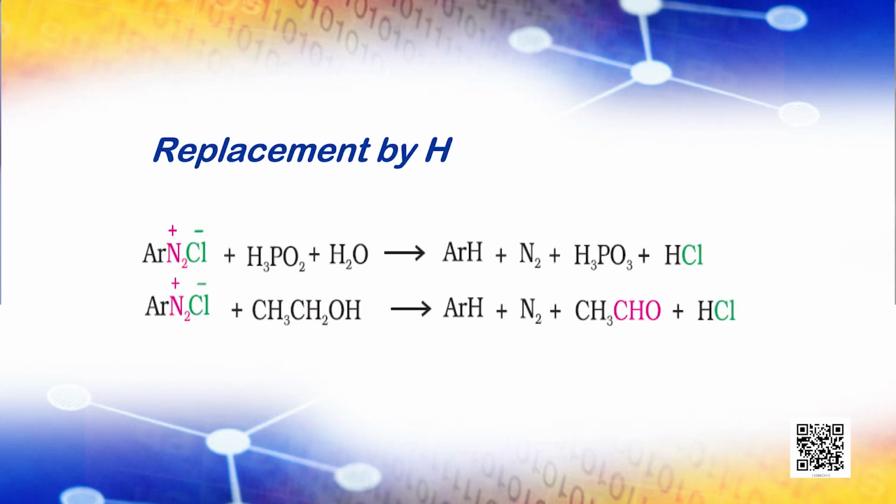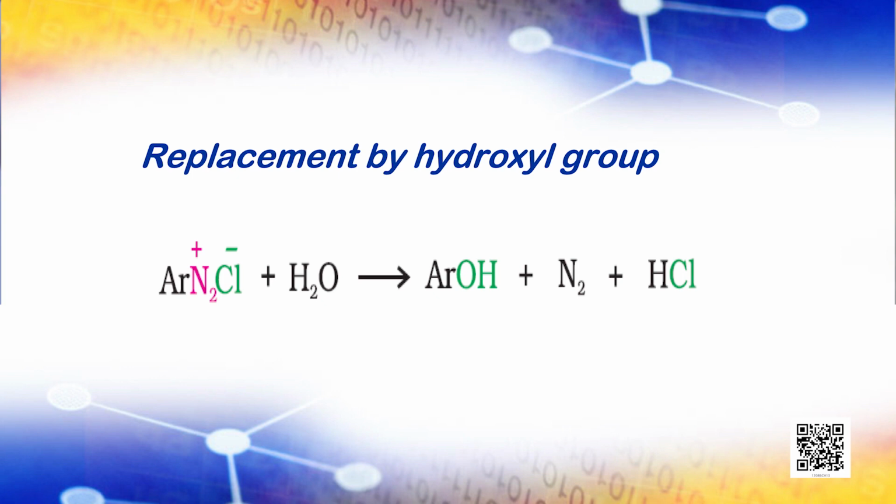Replacement by hydrogen. Certain mild reducing agents like hypophosphorous acid or ethanol reduce diazonium salts to arenes and themselves get oxidized to phosphorous acid and ethanal respectively. Replacement by hydroxyl group.